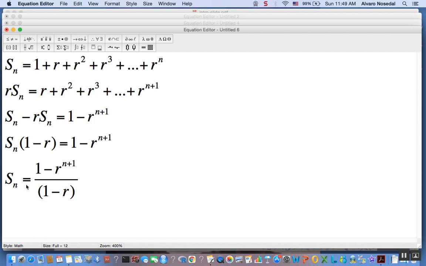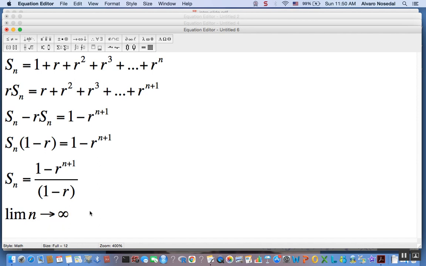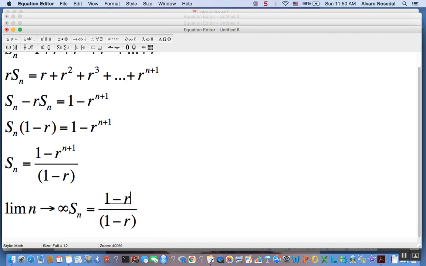So now, if you take the limit as n goes to infinity, and r is in absolute value less than 1, the limit as n goes to infinity of this will be just 1 divided by 1 minus r.